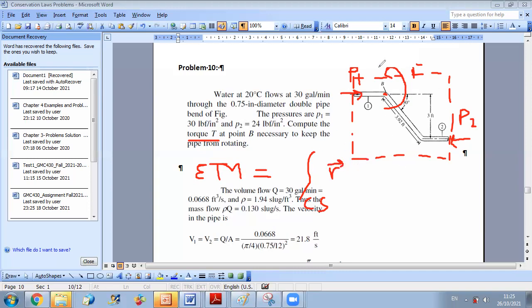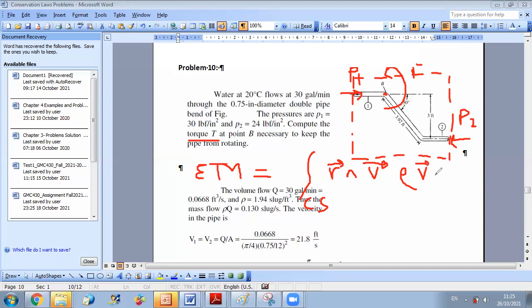In this problem, you will see that it's easy to find, and no need to do the vectorial product. Sometimes the vectorial product, like in the previous example, is required when you have 3D applications. But in 2D applications, you will see that it's very easy to calculate R vectorial V times rho V dot N dA.